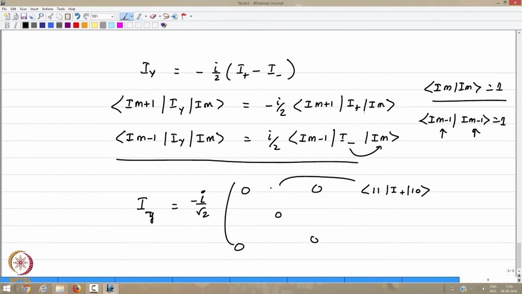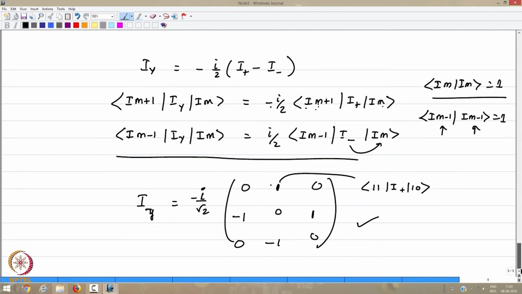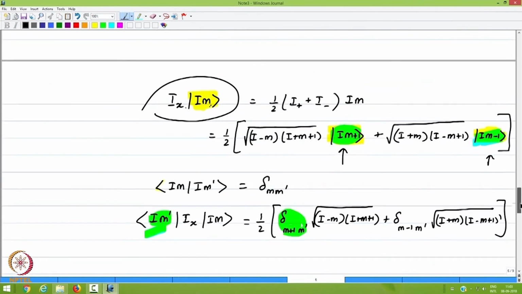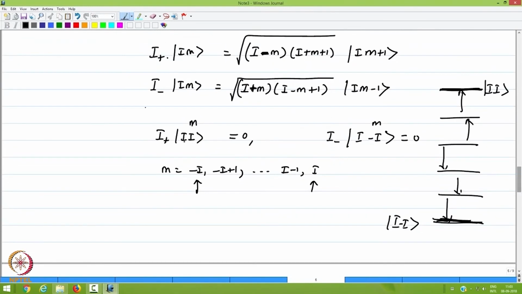So, that corresponds to this type of matrix element. 1 1 with m is 0, then you have that, and therefore, the corresponding value, there is a minus I by root 2 already taken out. Therefore, this is 1, this will be 1, this will be minus 1, this will be minus 1. Okay. So, this is the representation, and you can calculate it based on this formula. There will be some tutorial examples for you to do that, but try to follow this formula, namely the very first one. Keep this in mind.